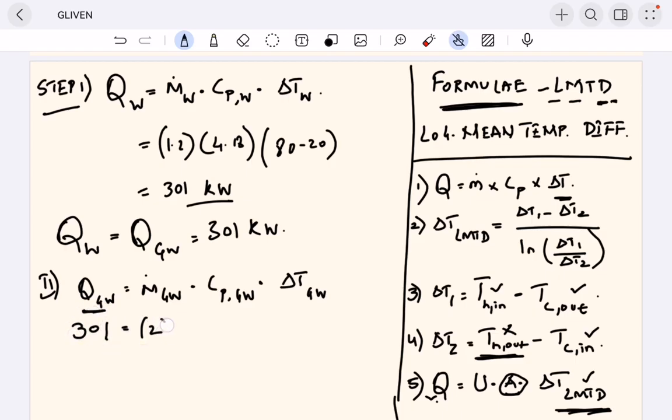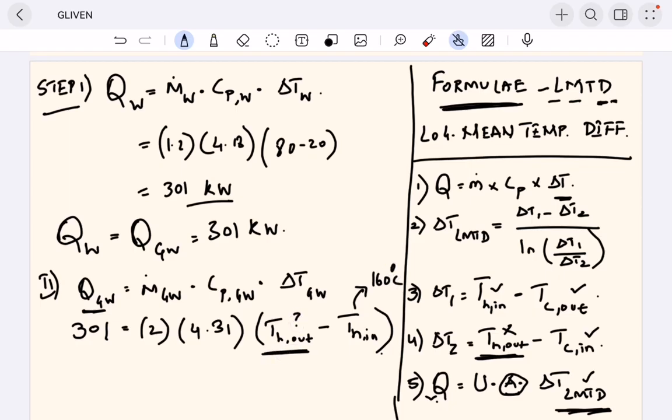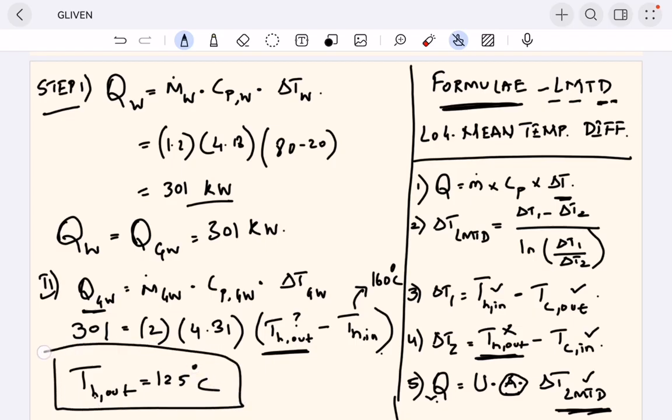Mass flow rate is 2, Cp is 4.31, delta T is T out of hot water minus T in of hot water. T in is known to me, that is 160 degrees Celsius. T out is a question mark. If you plug in all the numbers and solve, you should get T out at 125 degrees Celsius. That's what we get. Right.